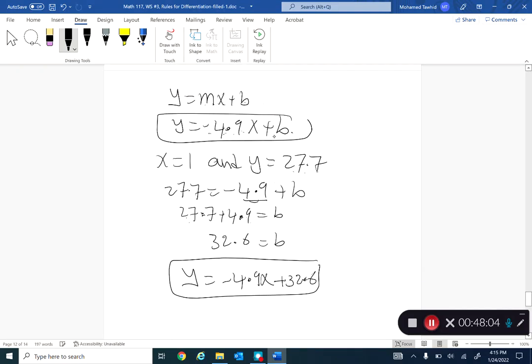I need to get b, the y-intercept. I replace x by 1 and y by 27.7 in this equation, and then I am able to get b, which is 32.6. Then the equation of the tangent line is mx plus b, m negative 4.9, b 32.6. Then you are done.